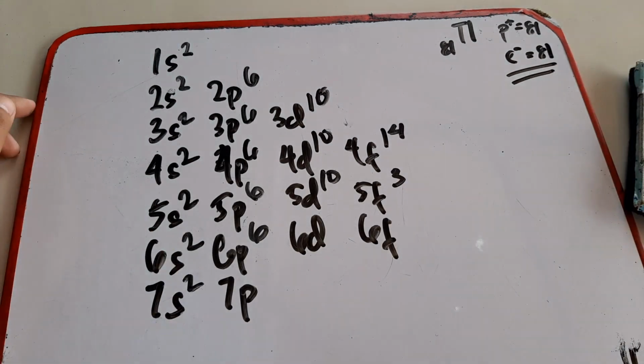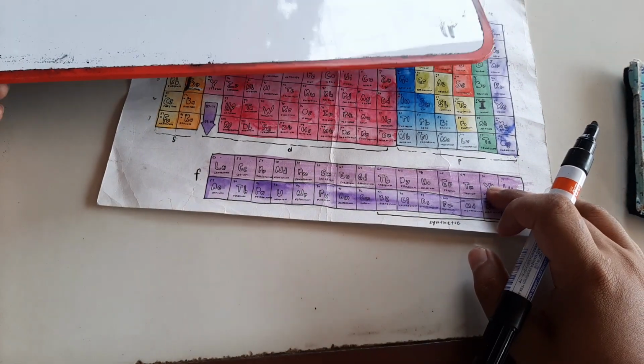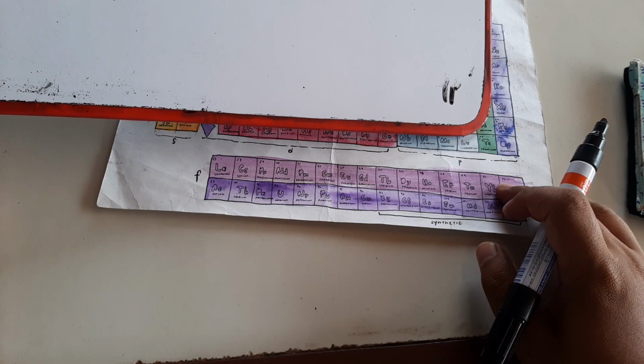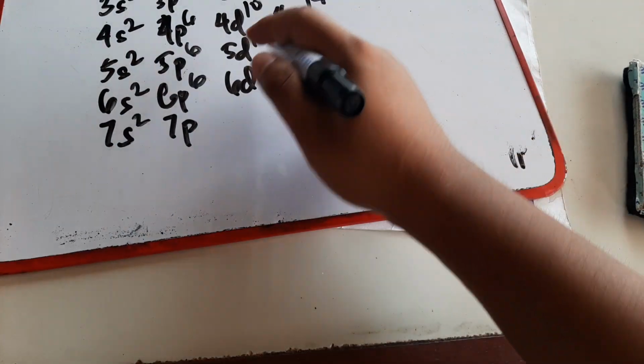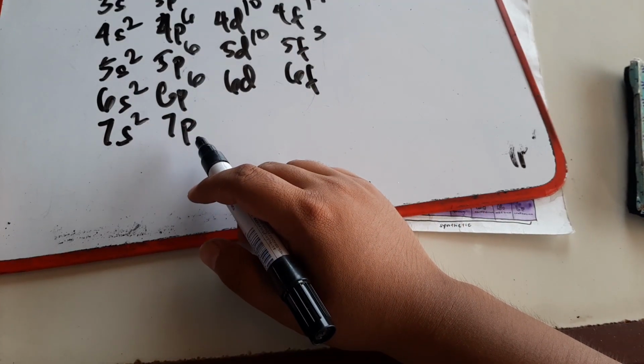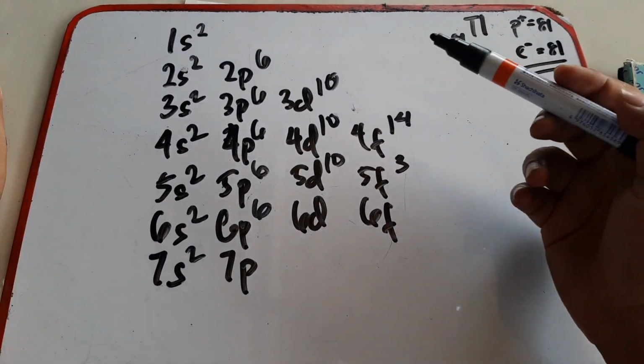Tama ba? 5F3 ang ending ng thallium natin. Oh, I got it wrong. It should end. Tama ba ang alignment ko? Sige, medyo nalito na din ako.